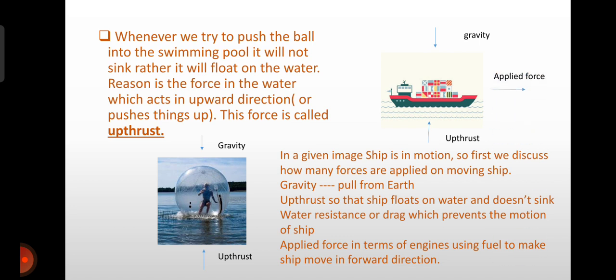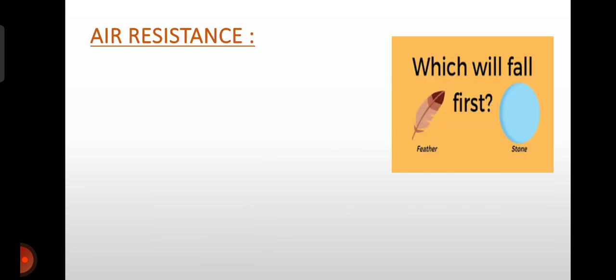Next is the applied force, which helps the ship to move in the forward direction. And the other is the drag or water resistance, which prevents the motion of the ship in the sea water. So in total there are four forces acting on a moving ship.